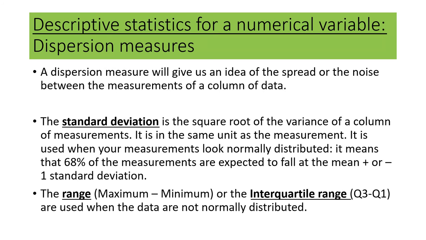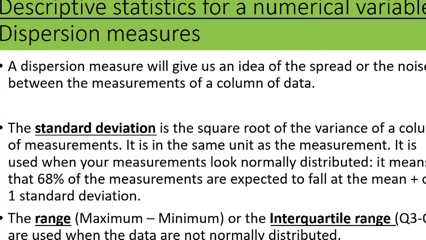When you have data that looks symmetric, you can use parametric tests, and you can consider your data normally distributed. The standard deviation is the measure for which 68% of the measurements in the population are expected to fall at the mean plus or minus 1 standard deviation, okay? So you would use a standard deviation when you have a symmetric or normally distributed data set.